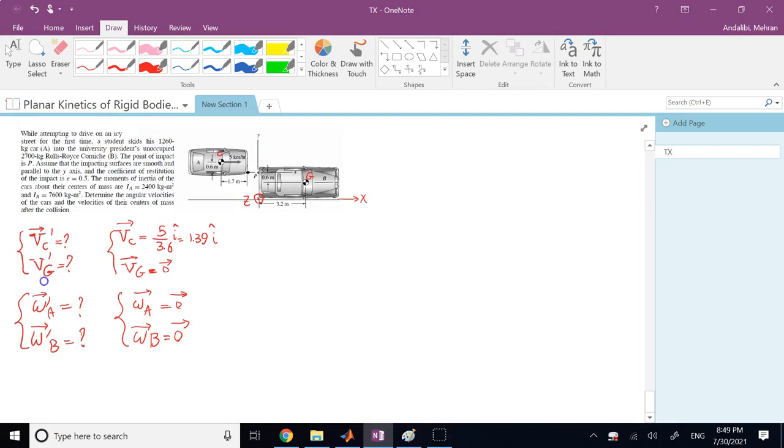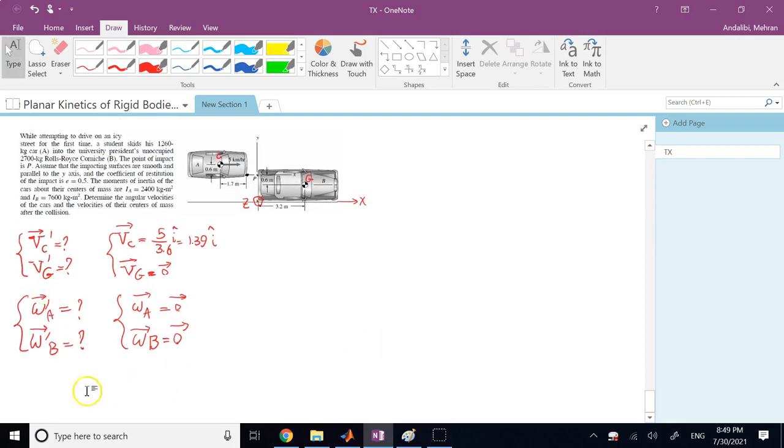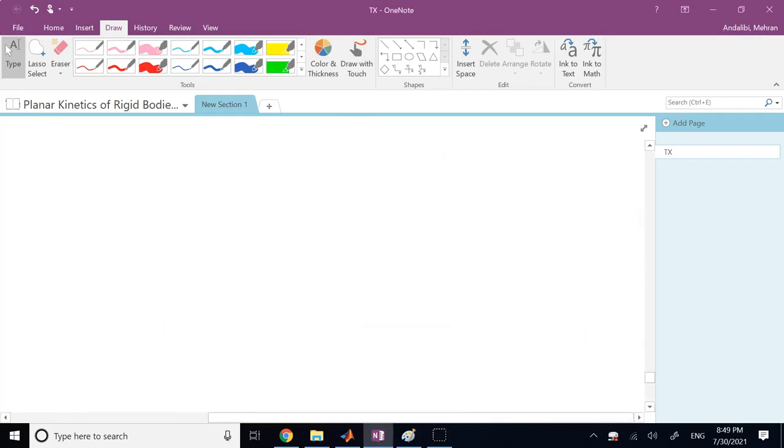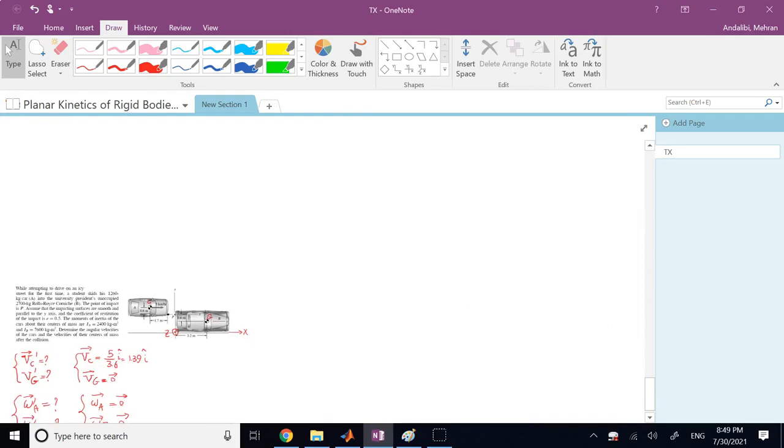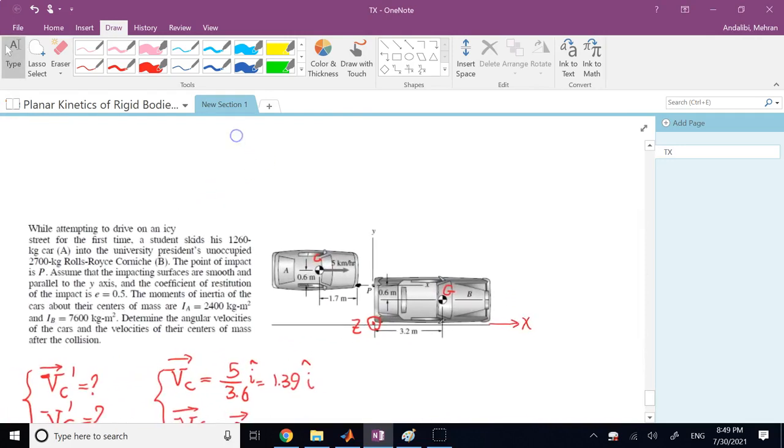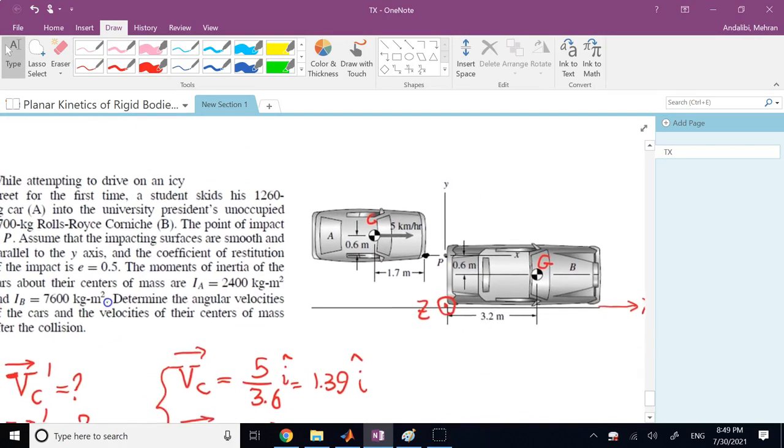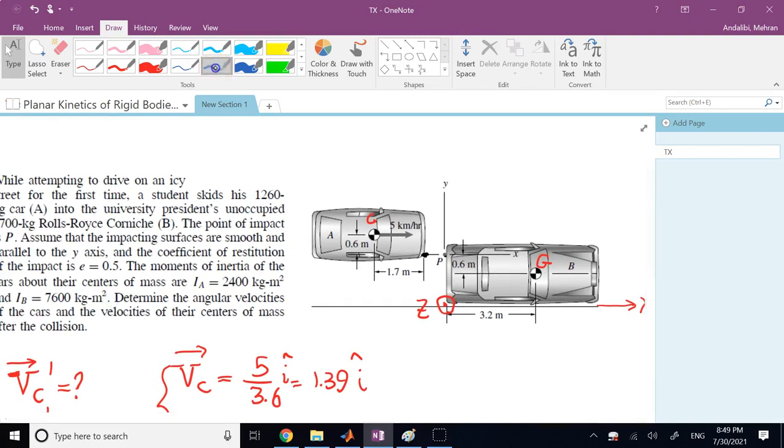So how can we solve this problem? Clearly when the impact is happening, the force is exchanged along the x-axis. The x-axis is the line of impact, and y and z form the plane of contact.